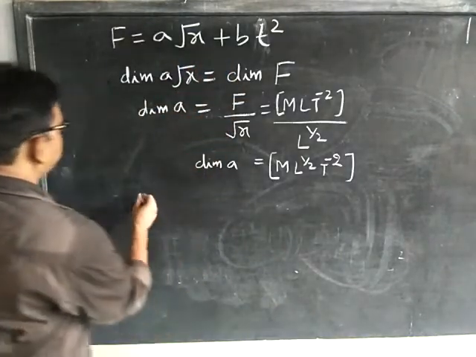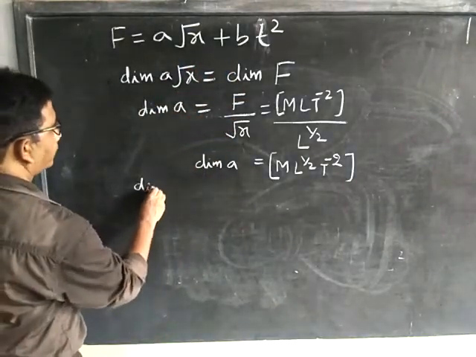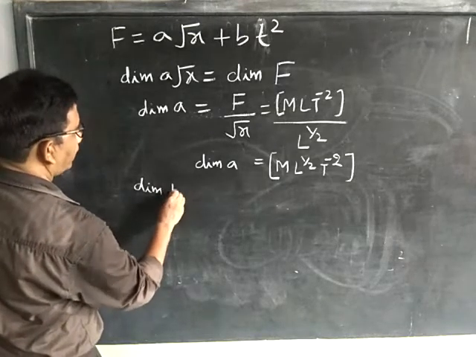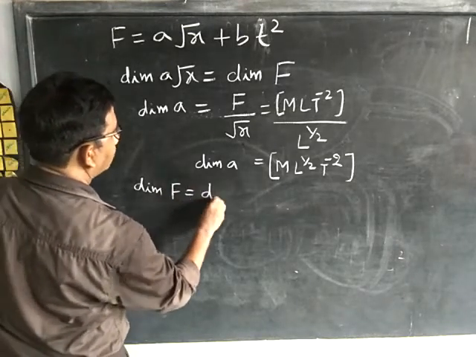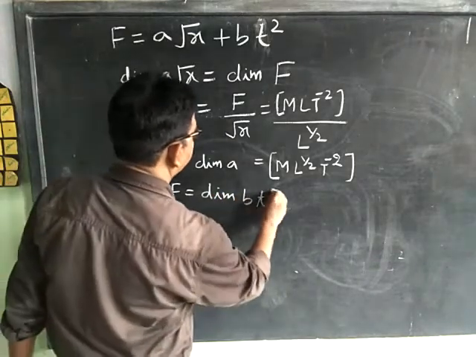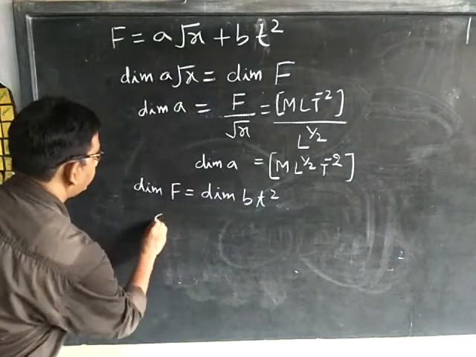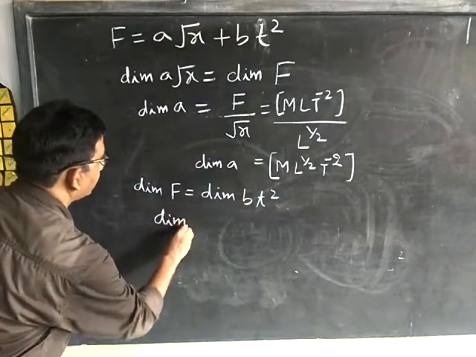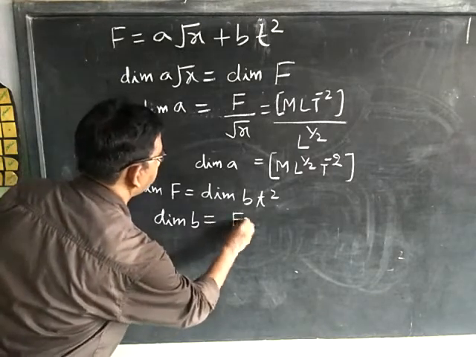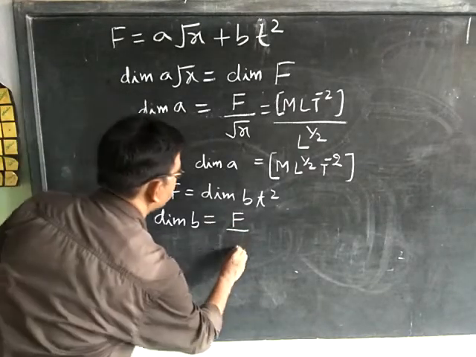Similarly, dimension of F is equal to dimension of B T square. Then dimension of B is equal to dimension of F upon T square.